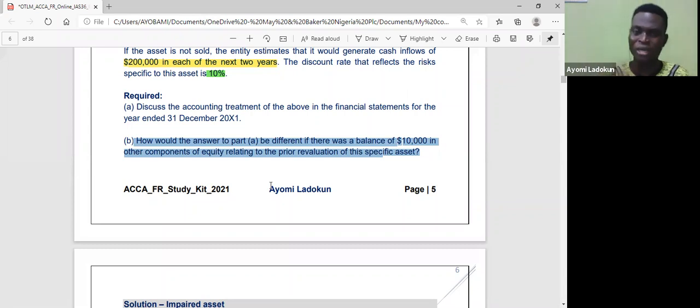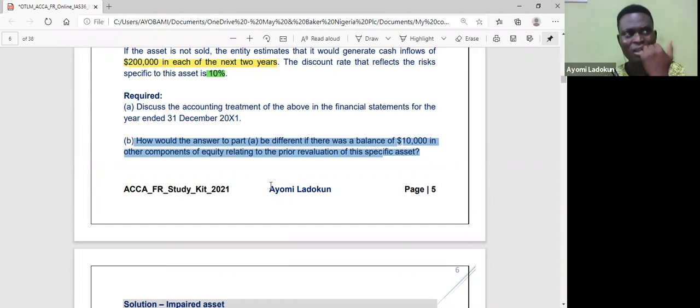Normally, when an asset suffers impairment, that impairment loss is taken to profit or loss. So the question now is this: if an asset that has been previously revalued has a balance in the OCI, don't forget that's a revaluation gain. How is it possible to recognize impairment loss for that same asset that has a revaluation balance in the OCI? It doesn't make economic sense.